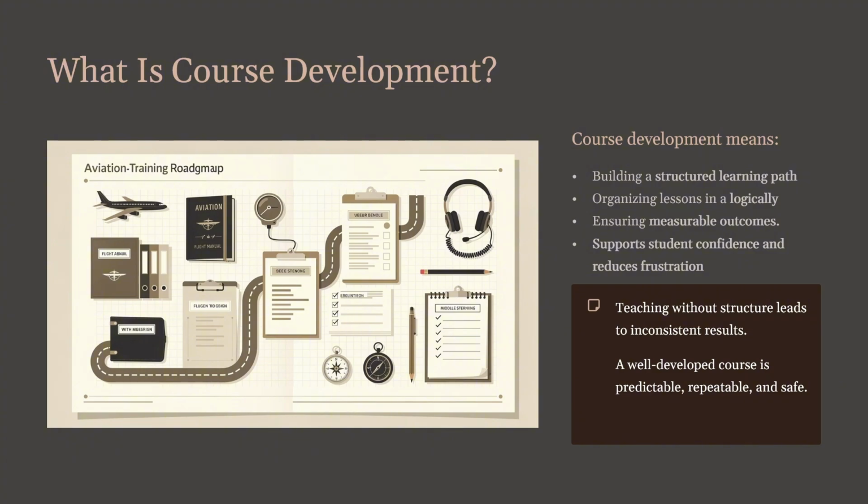A well-developed course should help the student feel that training is predictable, organized, and moving somewhere. And that matters, actually, because confidence often improves when the students understand where they are in the training process and what comes next.